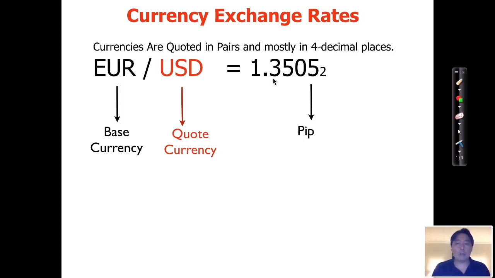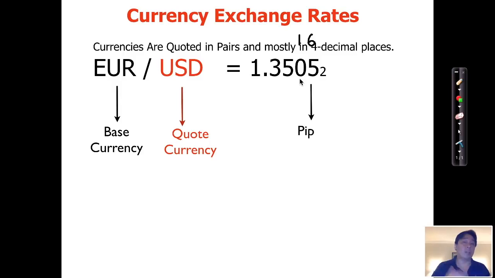Okay. Now, if it goes from 3505 to 3506, what does it mean? It means that the euro, or rather the euro USD, has gone up by 1 pip, right? Because from 5 to 6, it's 1 pip. Does that make sense? Okay. Now, if it goes from 3505 to 3516, what has happened?